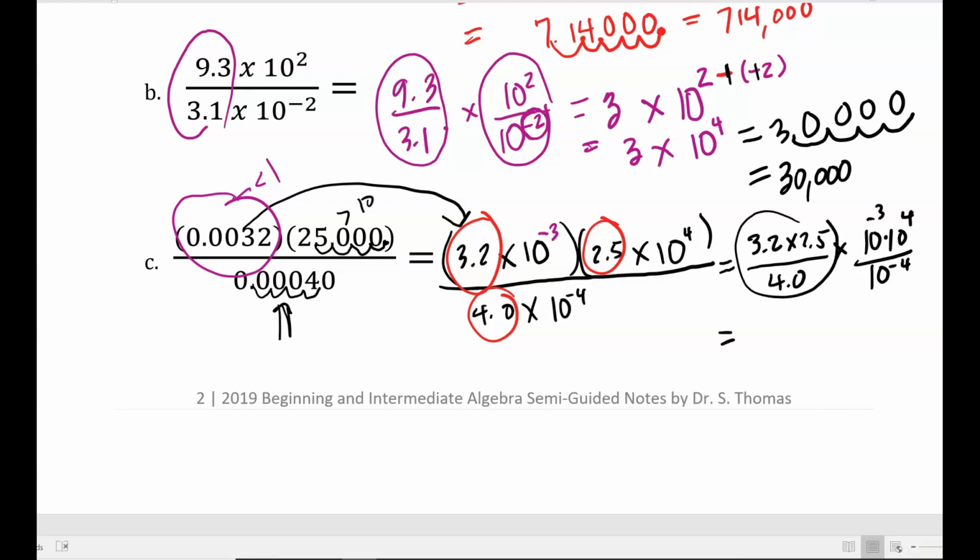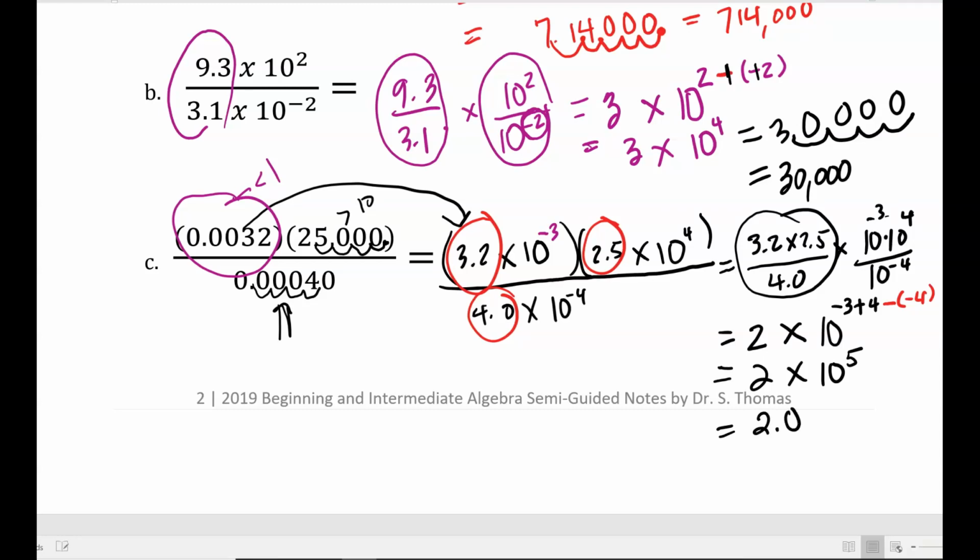Now you put all of this in your calculator, you'll just simply get 2, believe it or not, times, here you can add the exponents, so negative 3 plus 4, and again you could subtract a negative 4 from that. So we have 2 times 10, negative 3 plus 4 is 1, and 1 plus 4 is 5. So what you have is 2 times 10 to the 5th power.